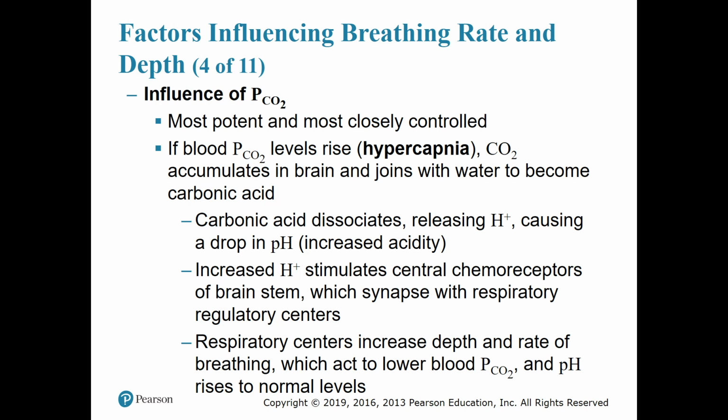The increased H+ stimulates central chemoreceptors of the brainstem, which synapse with the respiratory regulatory centers. These respiratory centers increase the depth and rate of breathing, which act to lower blood partial pressure of CO2, and pH rises to normal levels.